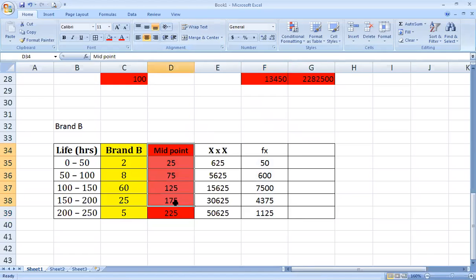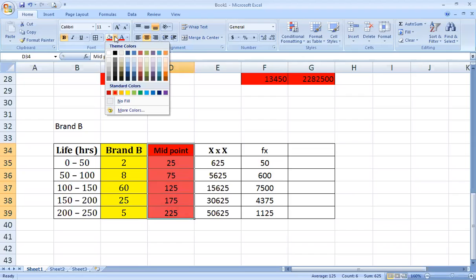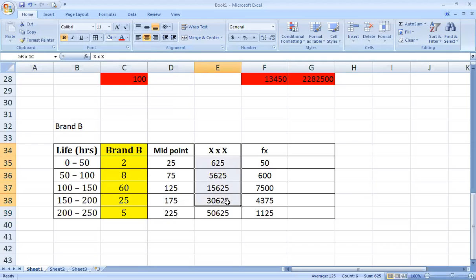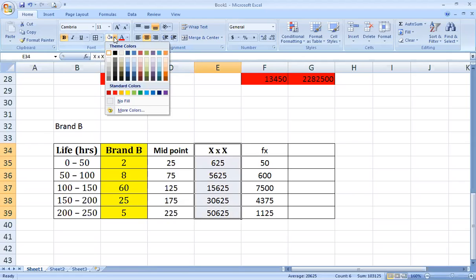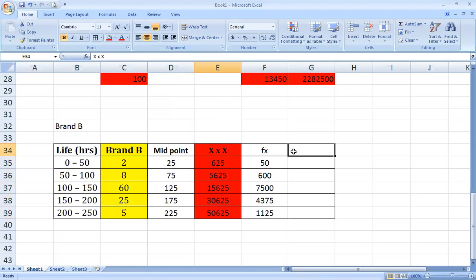Now we are going to identify f into x square values. So what is our f into x square? We will go for f into x into x. Just for our understanding, we make x square like this.